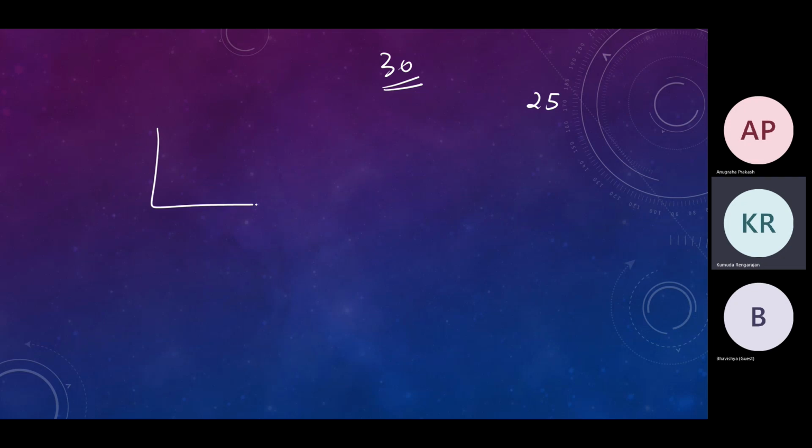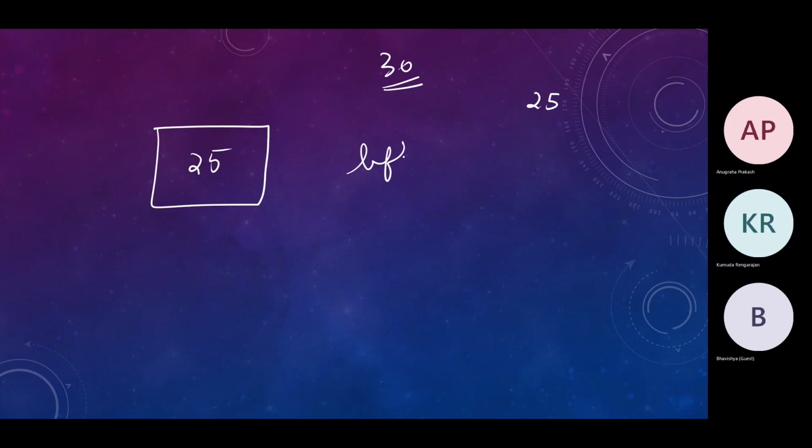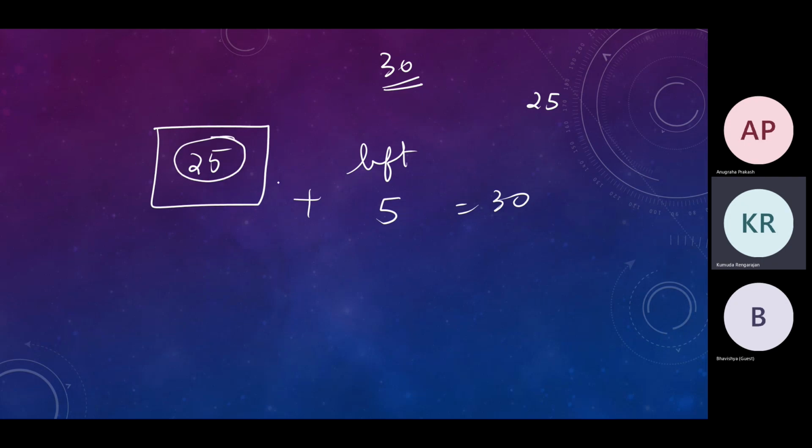So how many of them are there in the square? 25. How many are left out? 5. So totally 30 students. 25 plus 5 is equal to 30. That is, the number of students forming the square plus the number of students left out is equal to the total number of students. So here, how many students are there in the square?